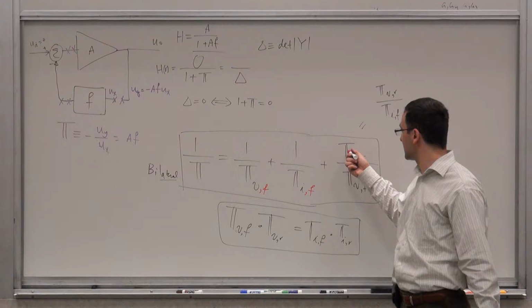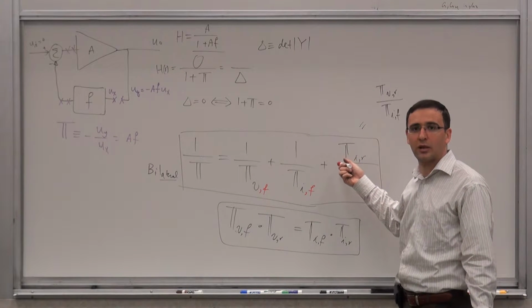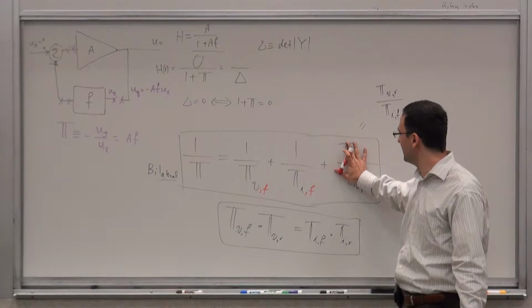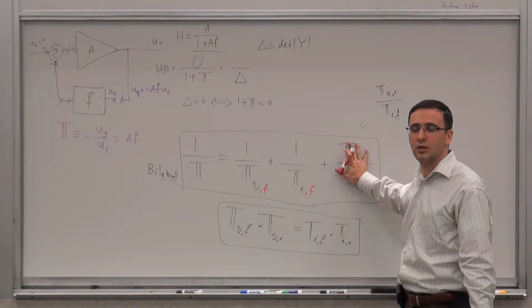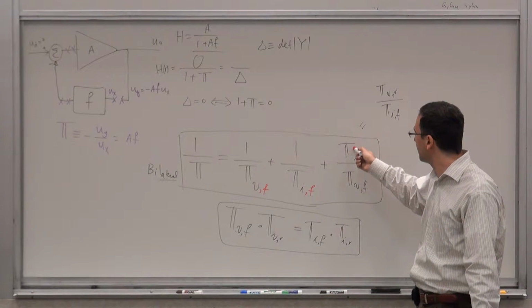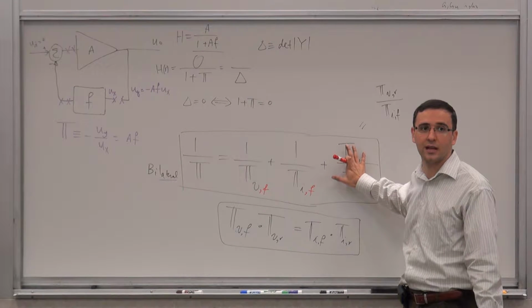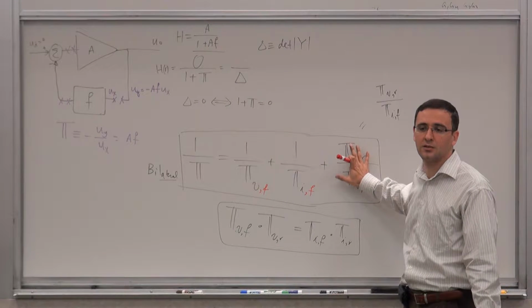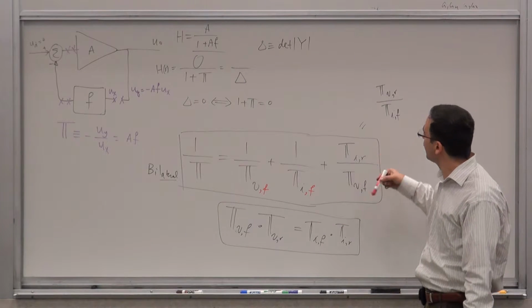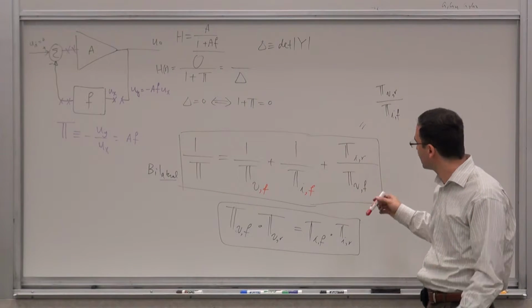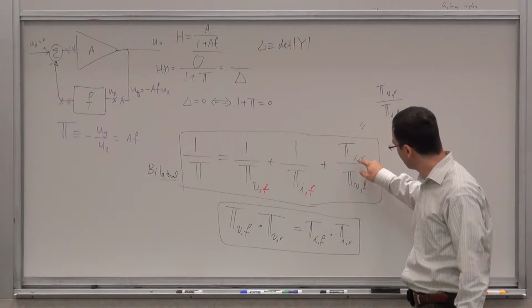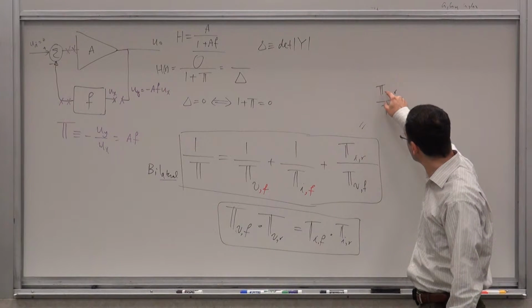If you have no reverse loop gain, namely you have a unilateral loop, this disappears. It reduces to the original, that's the way to remember it. It has to have a reverse term here, because it has to reduce to that original result if there's no reverse loop gain. And the other way to remember it, as a mnemonic, is that it's of opposite kind. So if this is I, this becomes V. If this is V, this becomes I.